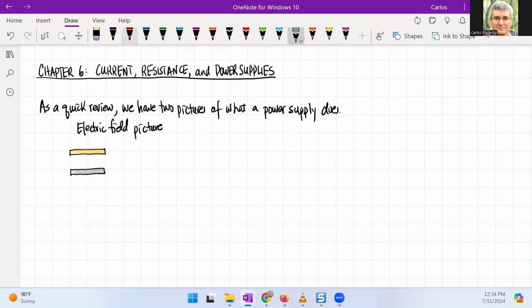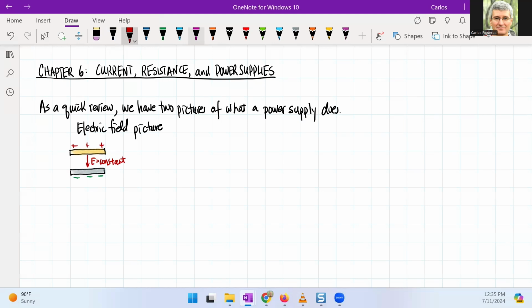So in other words, on this plate I'm going to have positive charges, and on this plate I'm going to have negative charges. And what ends up happening is that we produce an electric field that's constant. As we'll find out in circuits, that can't be true.